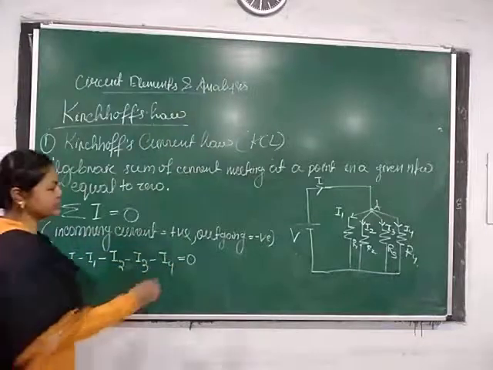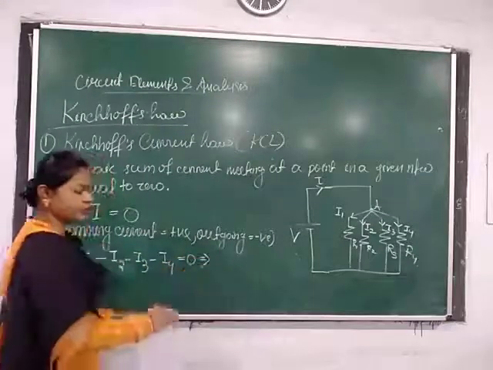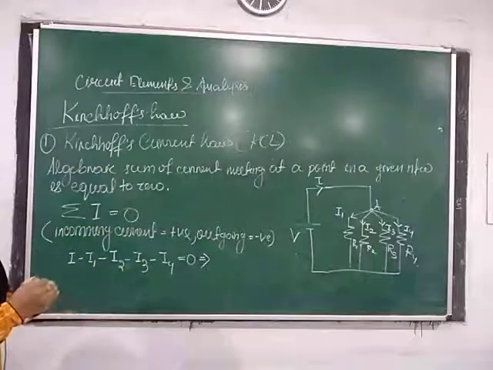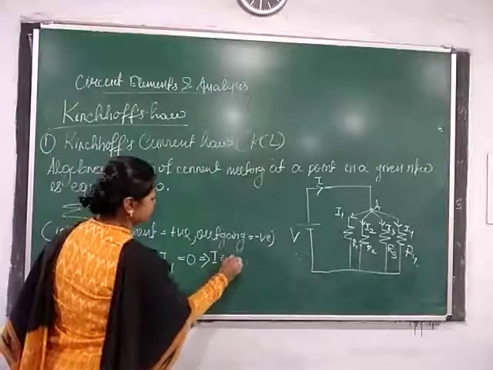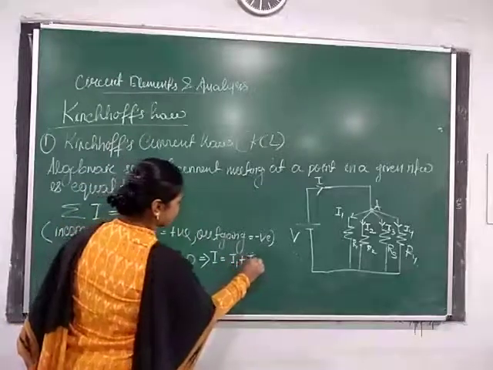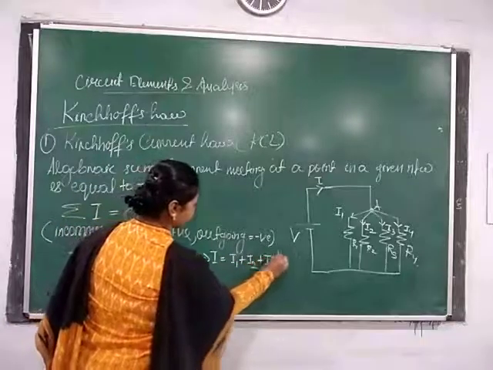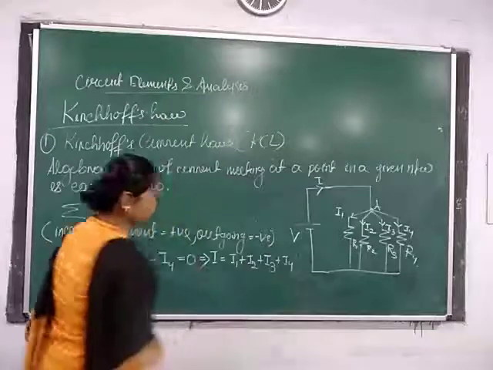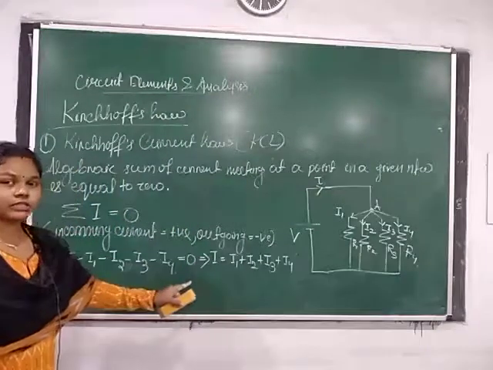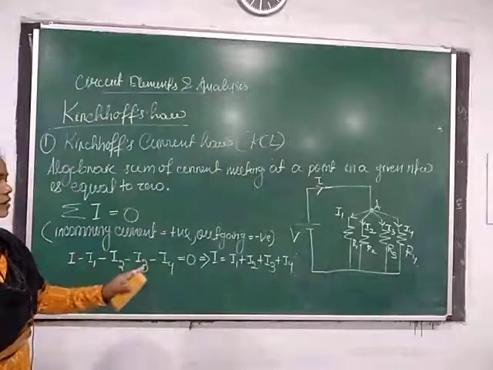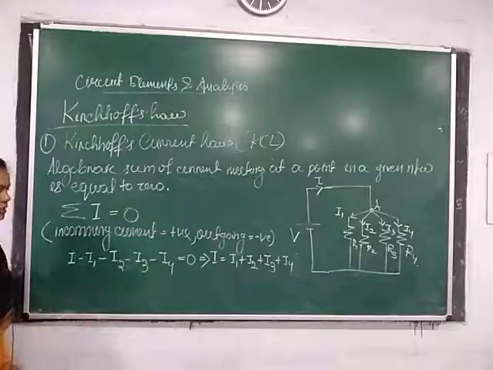If you simplify this equation, that means if you bring incoming at one side and outgoing at another side, the equation is I equals I1 plus I2 plus I3 plus I4. So from this second equation of KCL, you get the second definition for Kirchhoff's current law. What is the second definition?